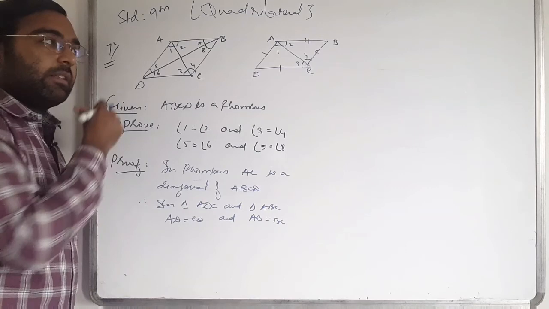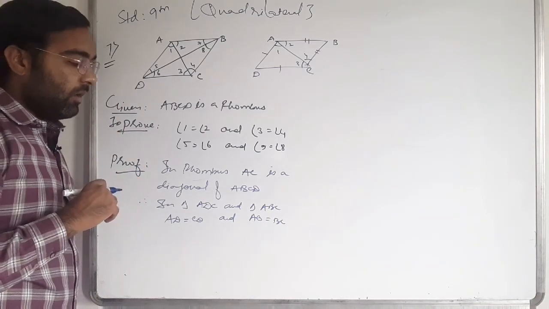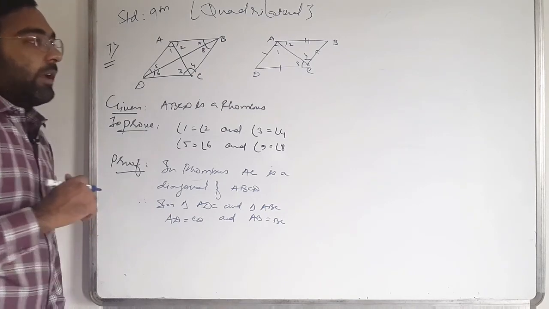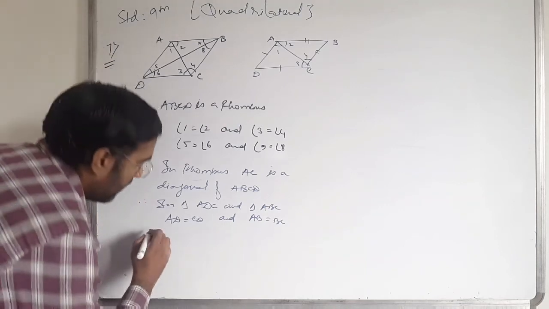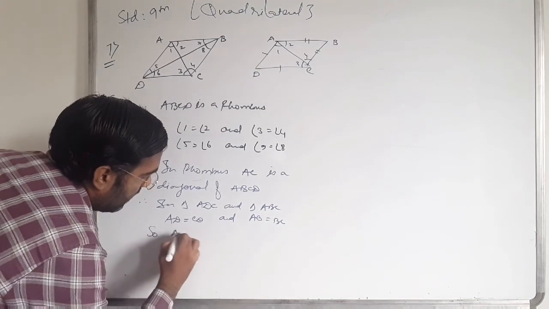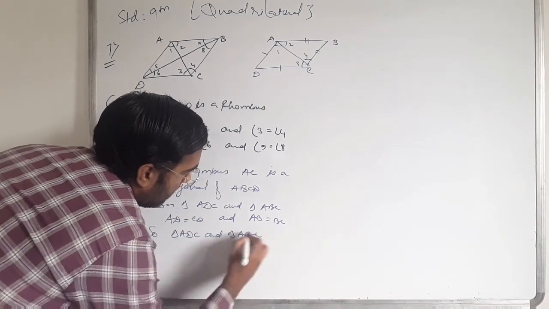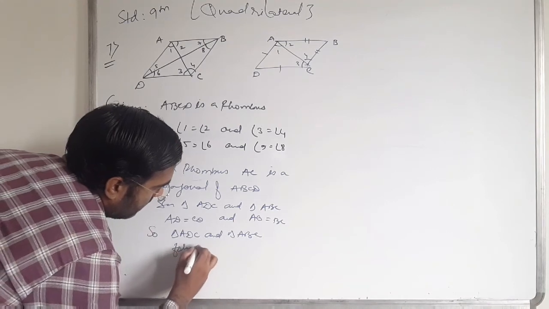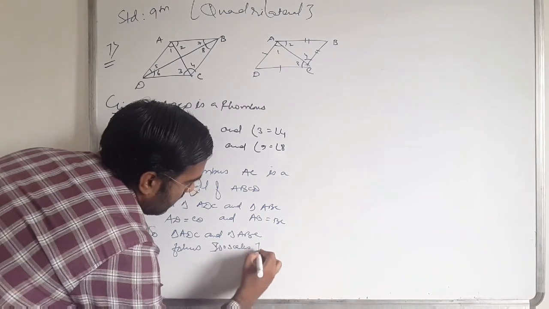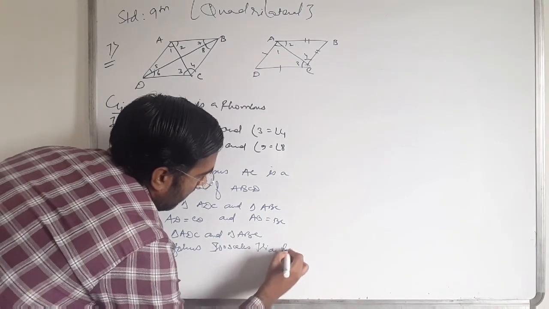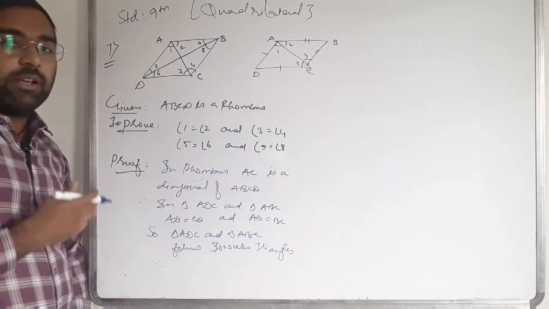Because all of the sides are equal, I can take any two sides as equal. Therefore triangle ADC and triangle ABC form isosceles triangles. Therefore, angles opposite to the equal sides are equal.